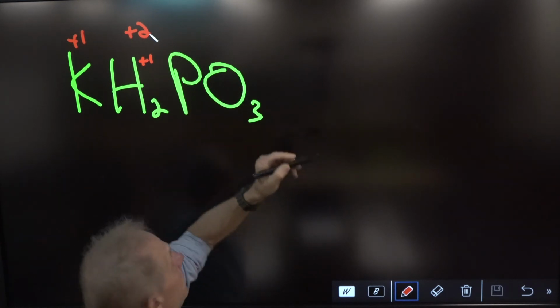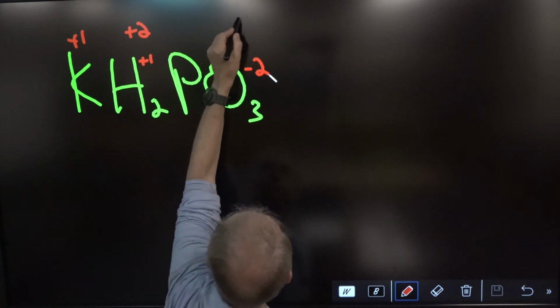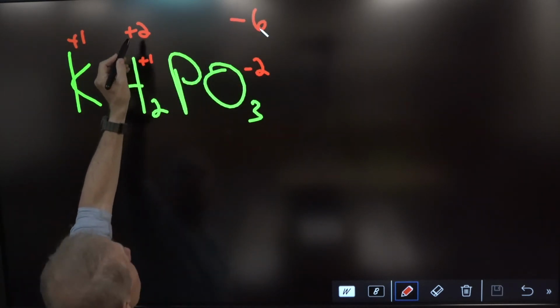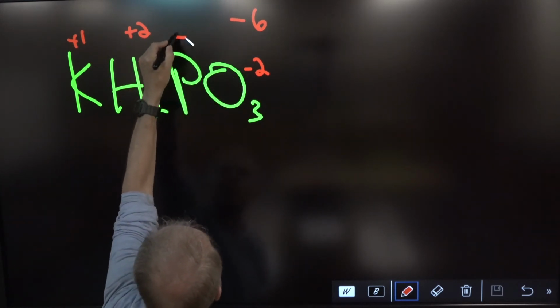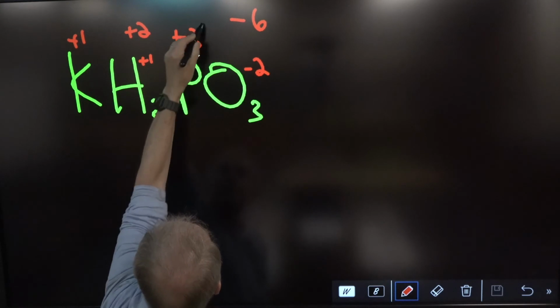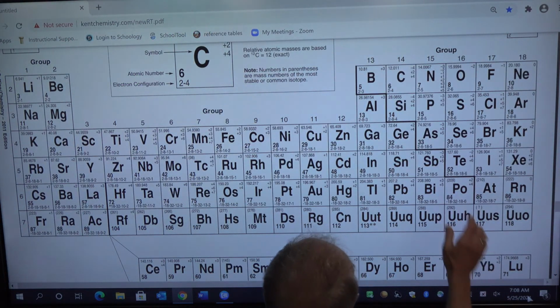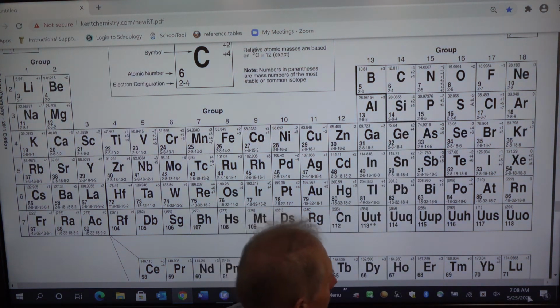O almost always is a -2, so 3 times a -2 is a -6. So we have +1 and +2, that's +3, and a -6. Phosphorus must be a +3. So let's see if that's true. Here's phosphorus right here, and that's a +3, so that works.